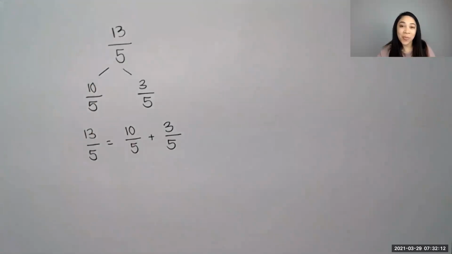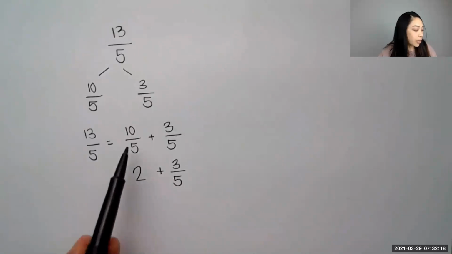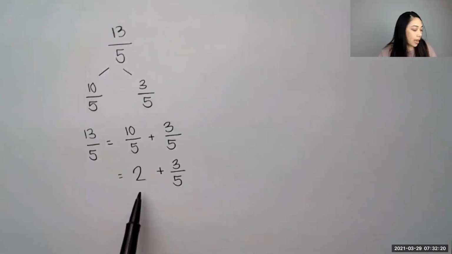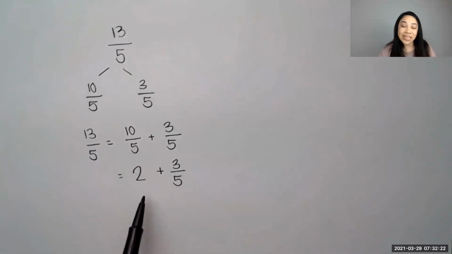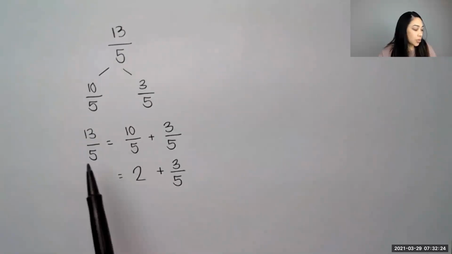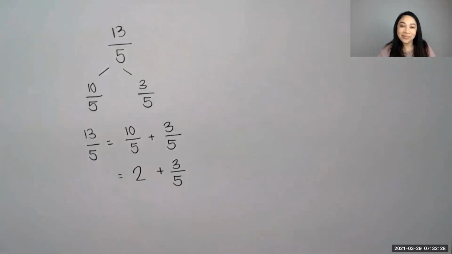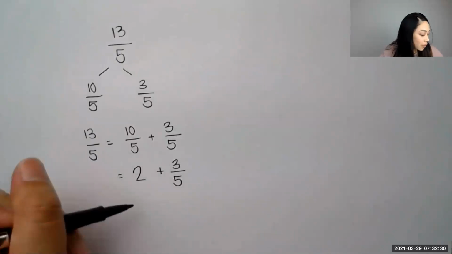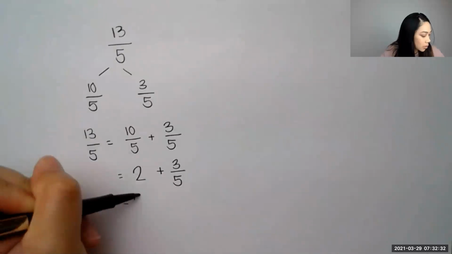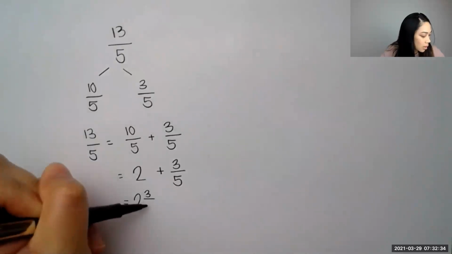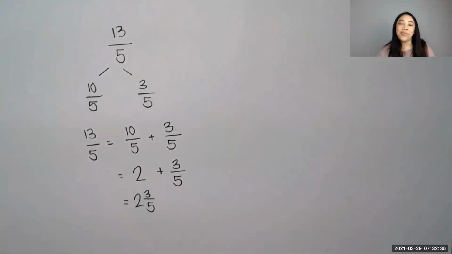We'll compare when you return. Welcome back. Here you can see I've renamed 10/5 as 2. So our new addition sentence is 13/5 equals 2 plus 3/5. In other words, 13/5 equals 2 and 3/5.